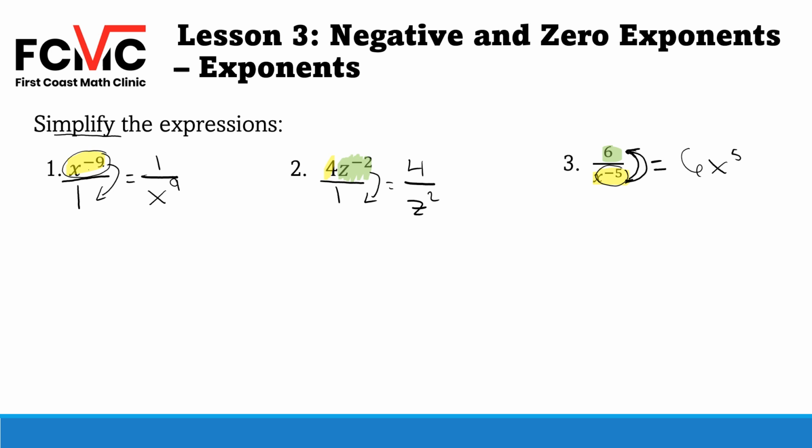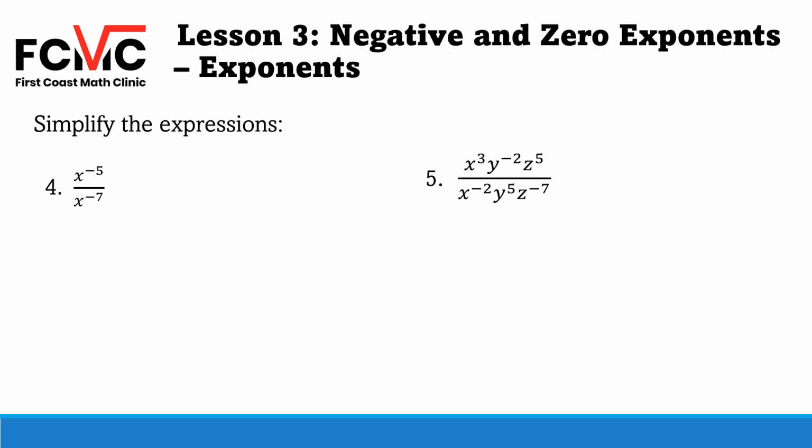Let's do a couple more examples where we simplify expressions by rewriting and getting rid of our negative exponents. So for number 4, I've got x to the negative 5th over x to the negative 7th.